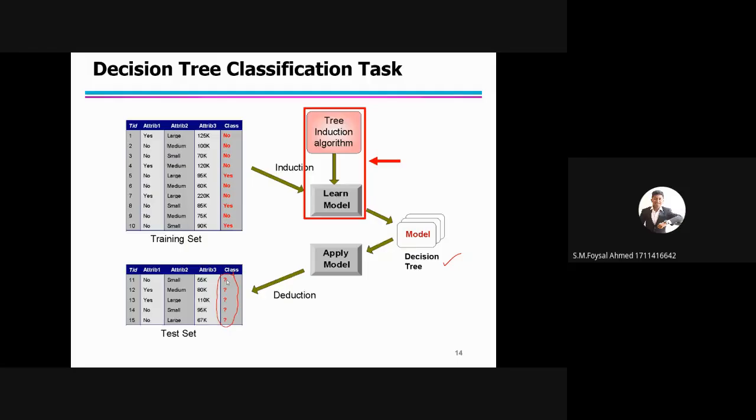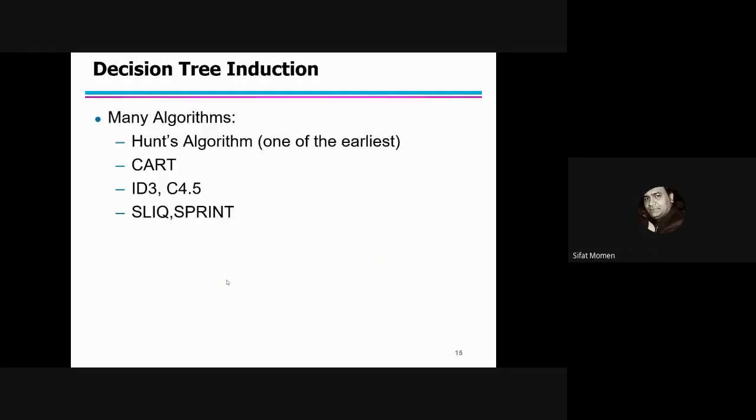Yes, sir. Yeah, okay. So now there are a number of algorithms that can generate decision trees. For example, we have something called Hunt's algorithm. It's one of the earliest decision tree algorithms. Then we have CART, which stands for classification and regression tree. We have algorithms like ID3, C4.5, SLIQ, SPRINT, and so on. তার মানে অনেক অ্যালগরিদম আছে to create decision trees, and each algorithm creates a decision tree in a slightly different way.